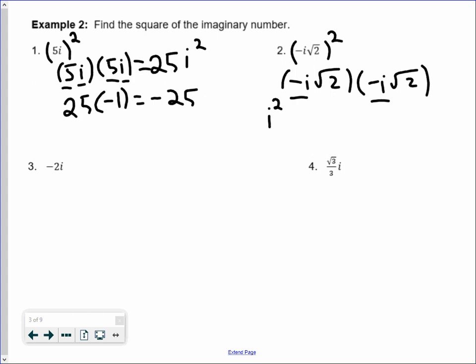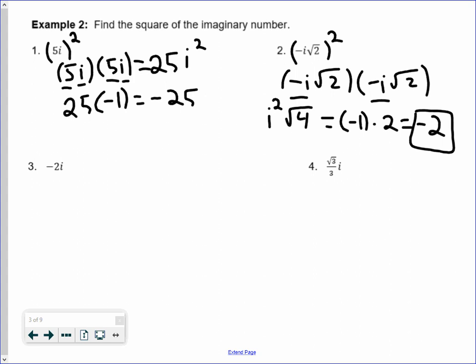So it's i squared. Root 2 times root 2 gives us root 4. And i squared is -1, and the square root of 4 is 2. So we get -1 multiplied by 2, or just -2. And that's our answer for this one.